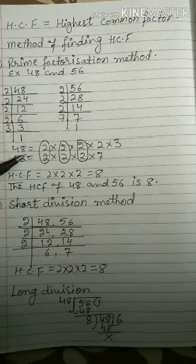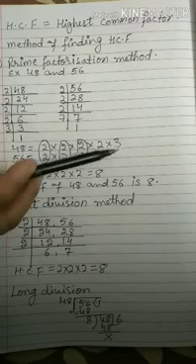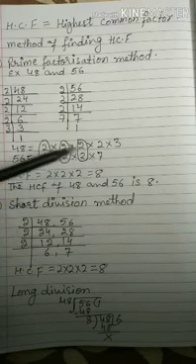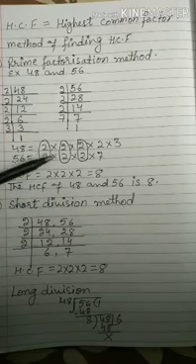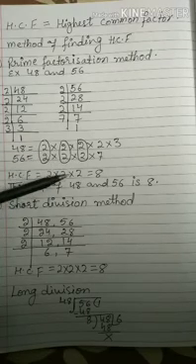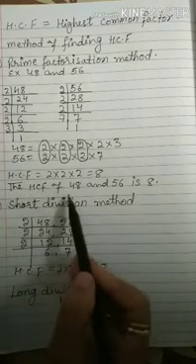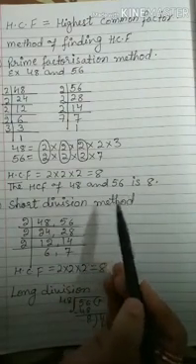The factors of 48 are 2 into 2 into 2 into 2 and 3. Then the factors of 56 are 2 into 2 into 2 and 7. Now the common factors for the HCF are 2 into 2 into 2. 2 2s are 4, 4 2s are 8. 8 is the HCF of 48 and 56.